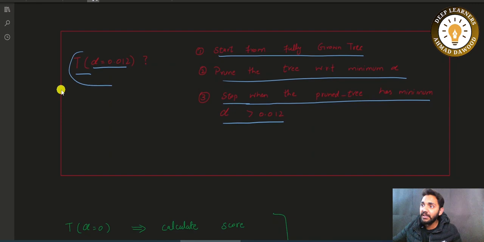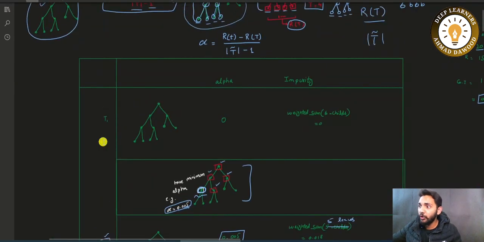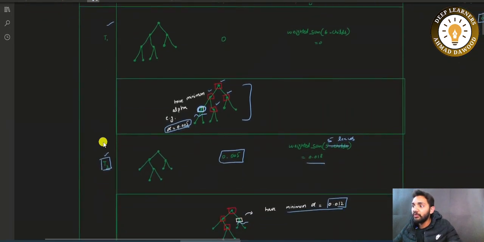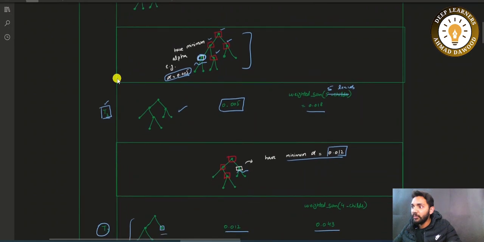Hence you can easily get your tree which is having alpha value equal to 0.012. We can see here you will start from the fully grown tree, and then you keep on pruning with respect to minimum alpha.